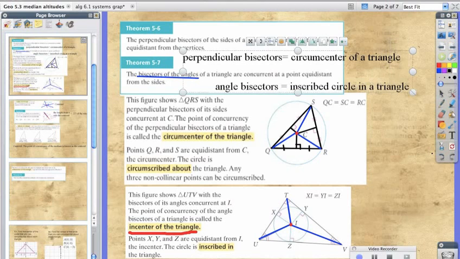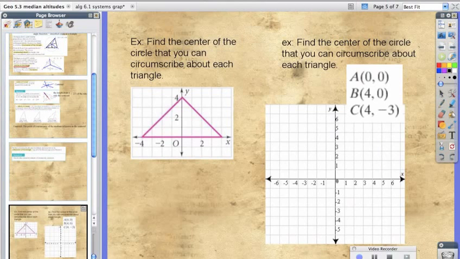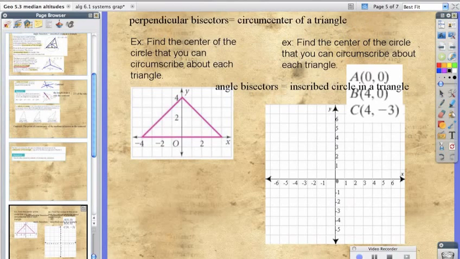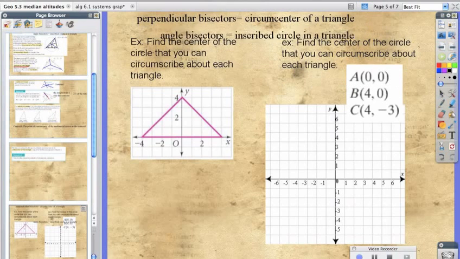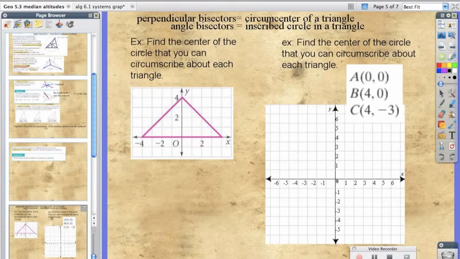So let's copy these down, and we'll try. And keep in mind, we use these notes to help us out, especially because this is so new and we've given you tons of definitions. Now, because it says circumscribe, we need to use perpendicular bisectors.